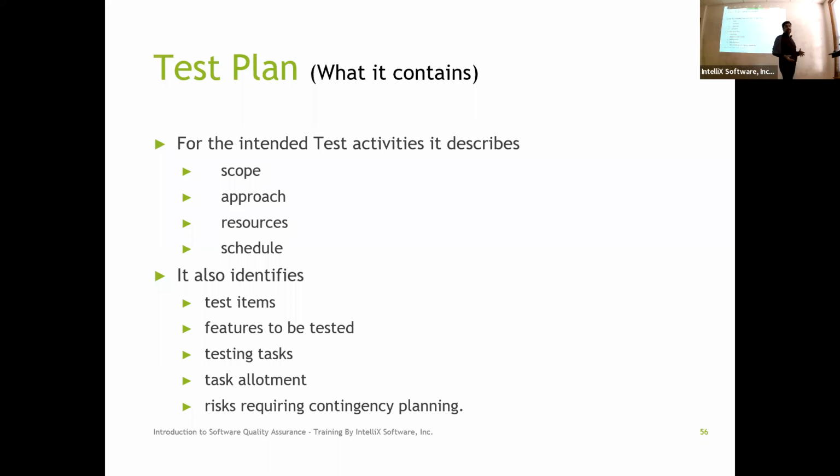Am I going to test everything? Or am I going to test only whether it's fit for the purpose? There are certain things we'll talk about a little bit later, what we call load and performance testing, sanity testing, failure testing. Do I do all of that? Or do I just say, is the system working as per the requirements or not?